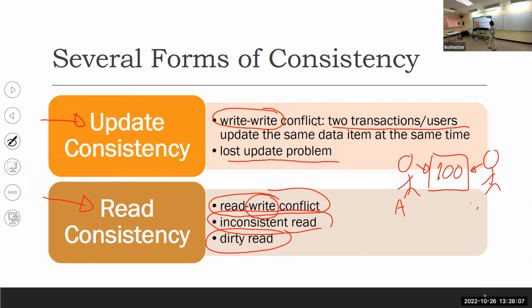Suppose you get instructed by your sales manager that every product item should be increased by 10% in terms of the price. You are taking care of this product line, user A. So he wants to change by 10%, right?